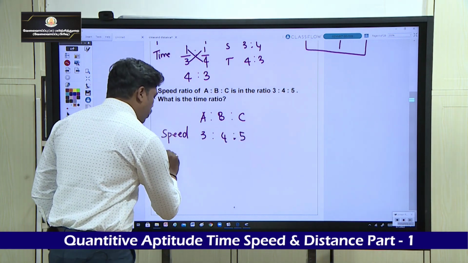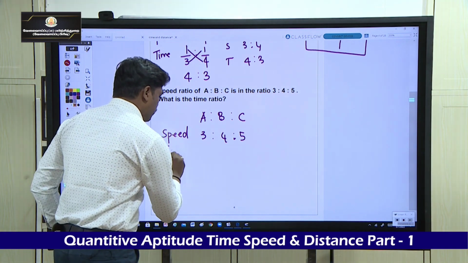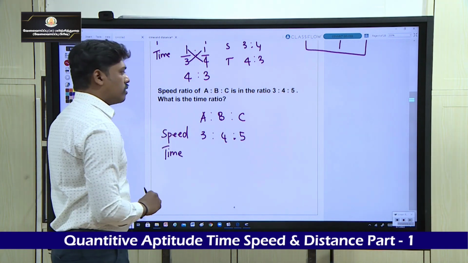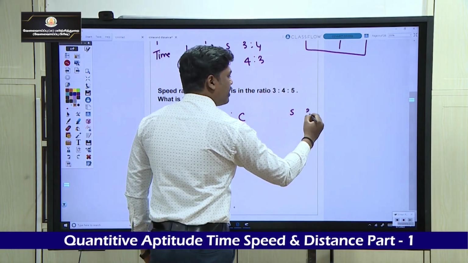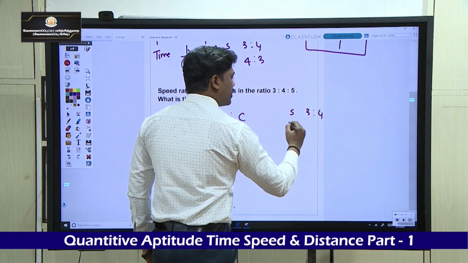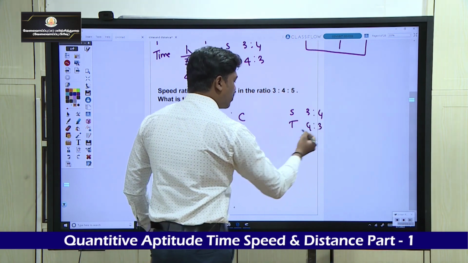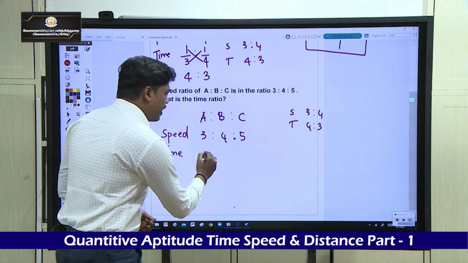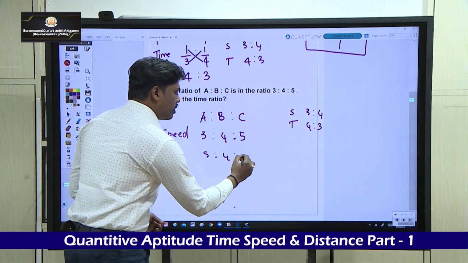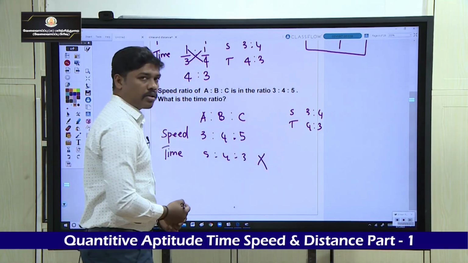We are asking what is the time ratio. Previously, speed ratio 3:4 gave time ratio 4:3. So what can we do here? We should not write 5:4:3. This one is totally wrong.